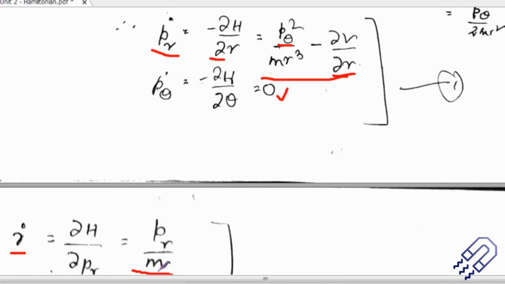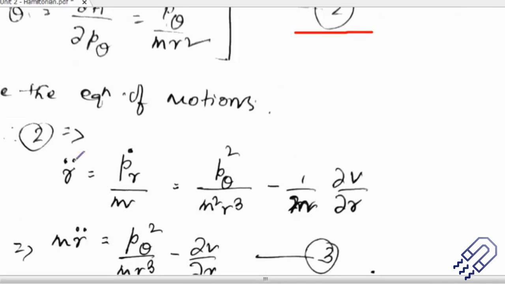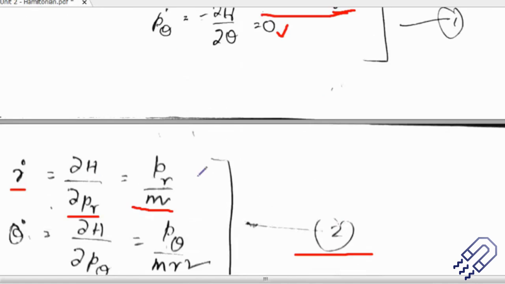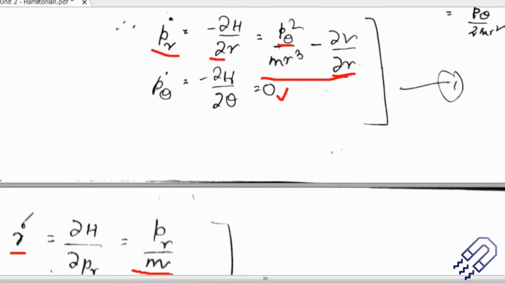Now, whenever you have it in this way, you actually aim to remove the p's. You want to remove p r, you want to remove p theta and so on, right? So we are going to just do that here. What we do is we take r double dot, because you see this is p r dot. If I take the derivative of r dot here, it will be nothing but p r dot divided by m.